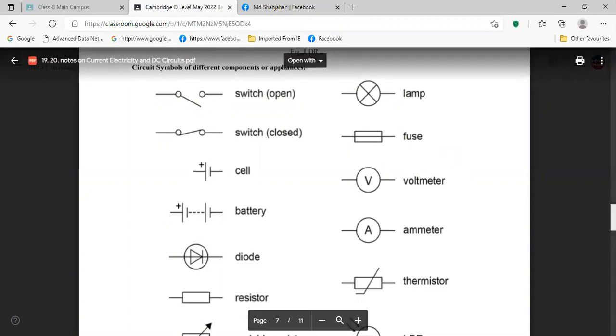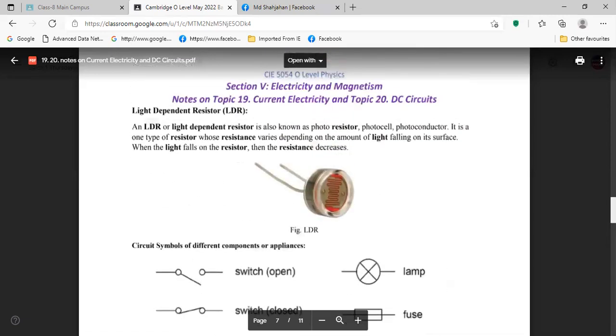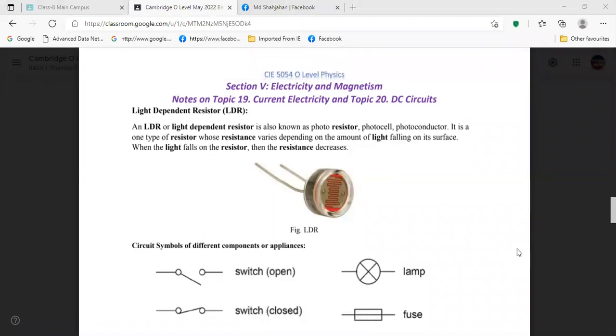Where do we use light dependent resistor? In our last class, we gave you some discussion on it. Where we are using this light dependent resistor, can you remember, anyone? Hello?